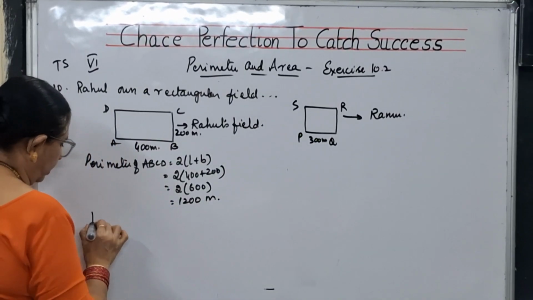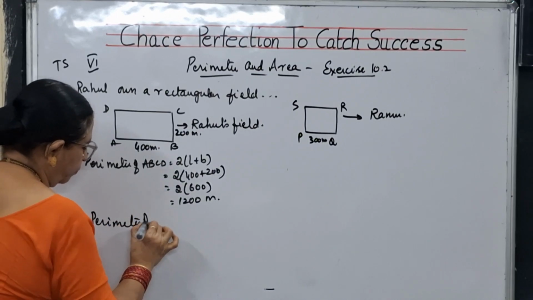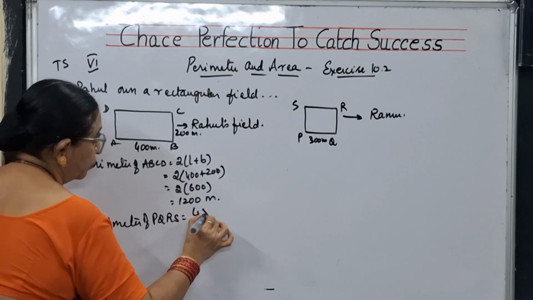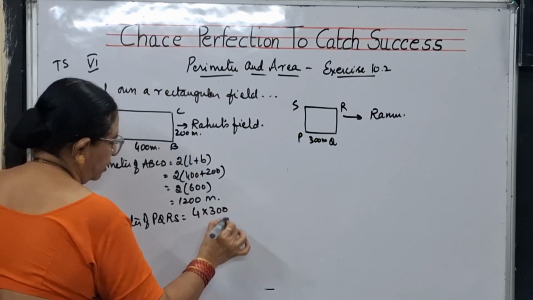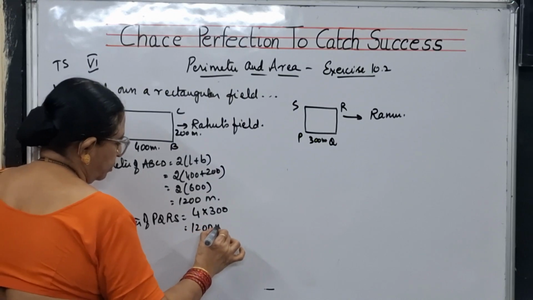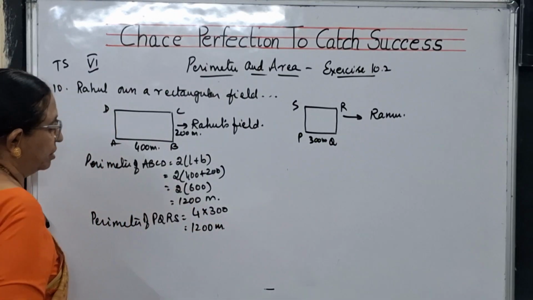So now you find out the perimeter of PQRS. It is a square, so it is 4 into 300, 4 into side, that is 1200 meters. See, both of them have got the same measure.